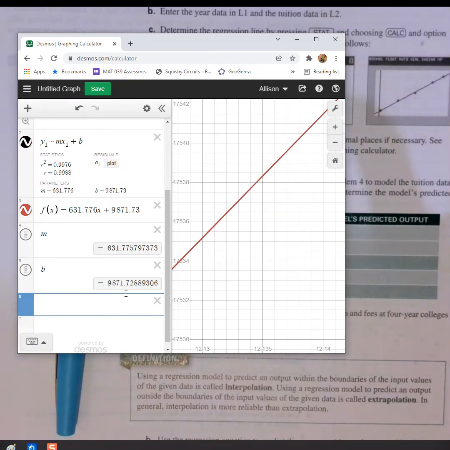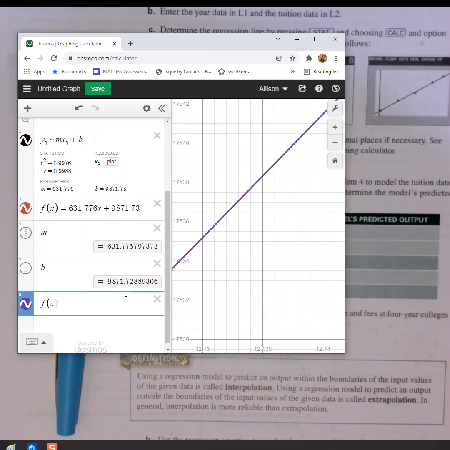So one more option is I could have written my function as f of x equals m, because m is assigned with that value, x plus b, because b is assigned with that value. I like to write it in terms of these numbers, though, so I can see the numbers even if they've been rounded. But if I did need a little more accuracy, you can see that graphing it with just m and b will give the accuracy that we need there.